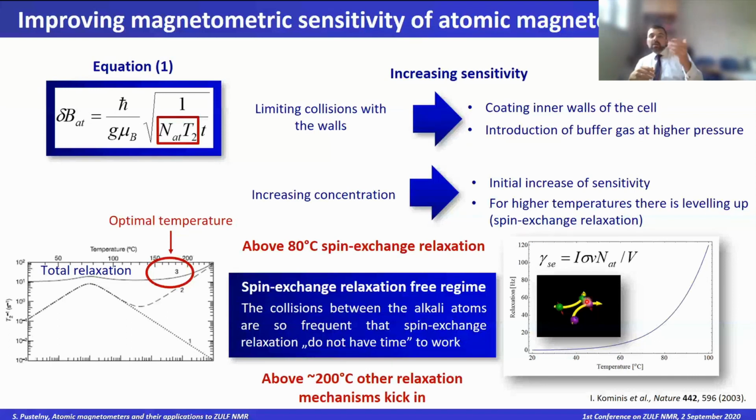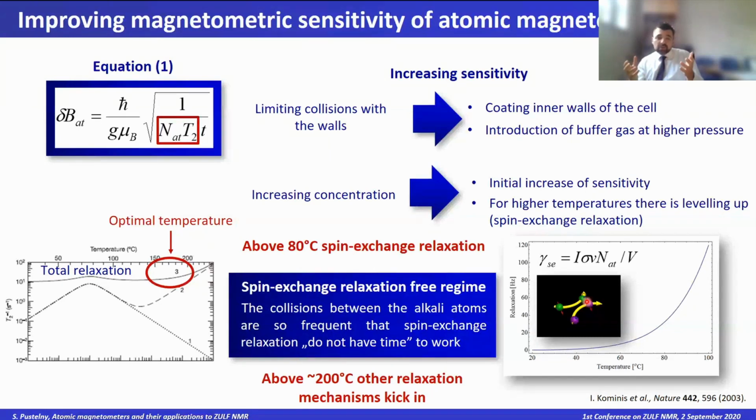But then you can do the second thing that we talked about. You can try to increase the concentration, which means you are heating up your system. The number of atoms is increasing, but suddenly at some temperatures of maybe 50, maybe 80 degrees C, the concentration becomes significant.